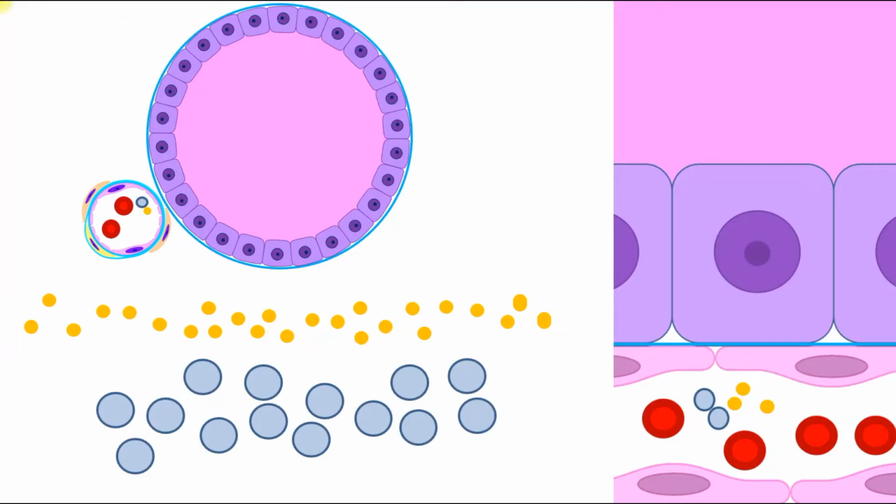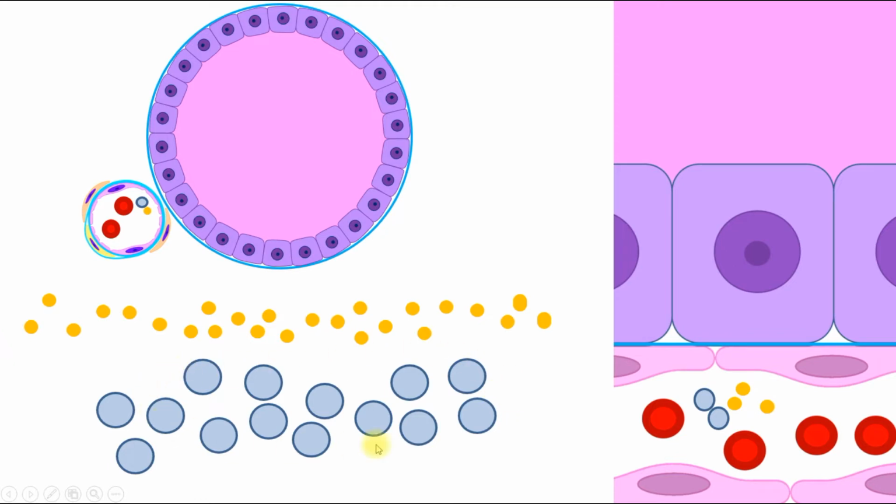So let's look at the synthesis of T3 and T4. So here we can see a follicle of the thyroid gland, and there are thyrocytes which produce T3 and T4. T3 and T4 are produced from amino acids, and that amino acid is tyrosine. It's necessary for the synthesis of T3 and T4, and also iodine ions are required.